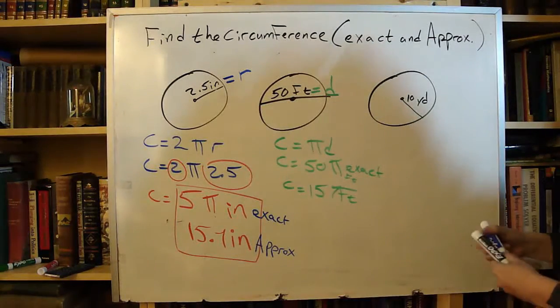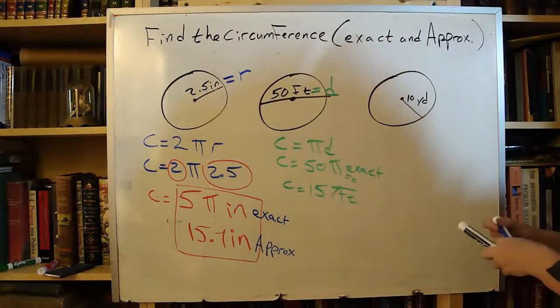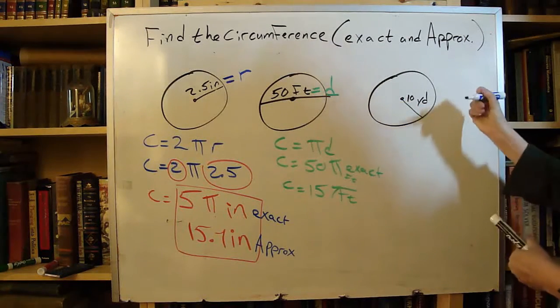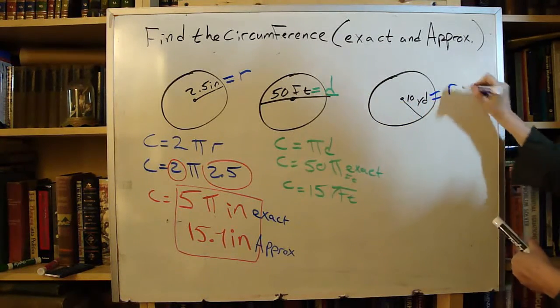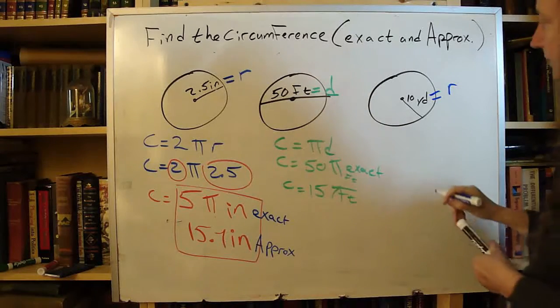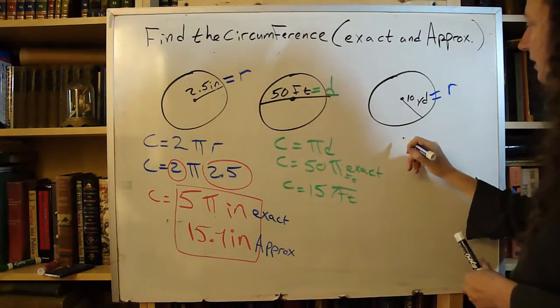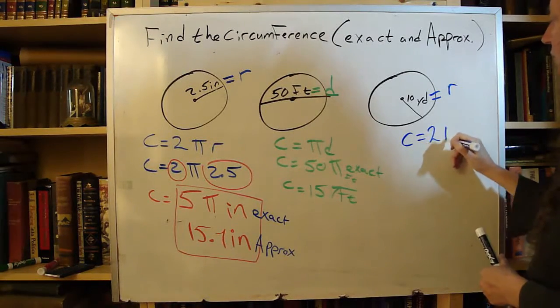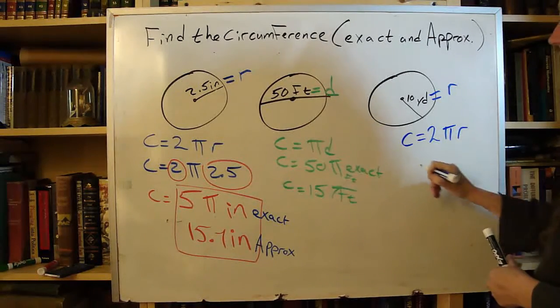Going over to this one. Center to the edge tells me that this is my radius. So I have circumference is 2 pi r.